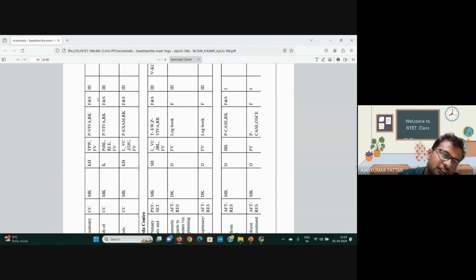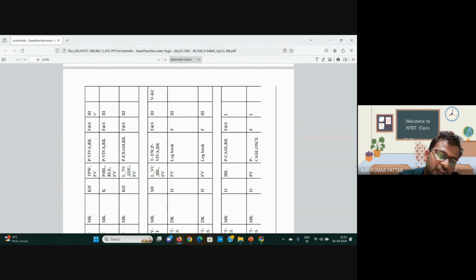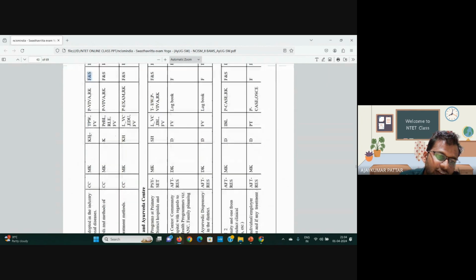See here, this column is showing horizontally. All of you are seeing this F and S. Are you seeing this F and S? Hello? Yes, sir.